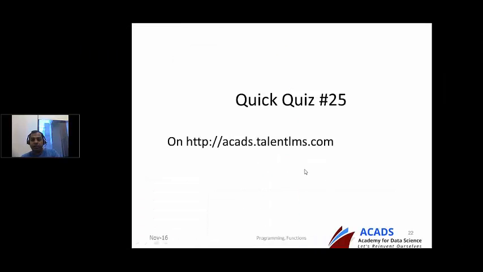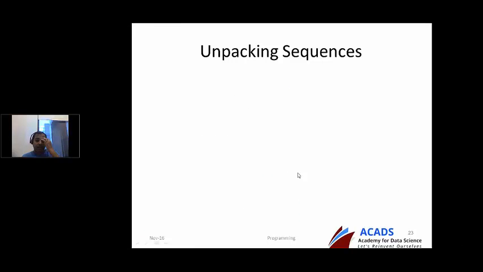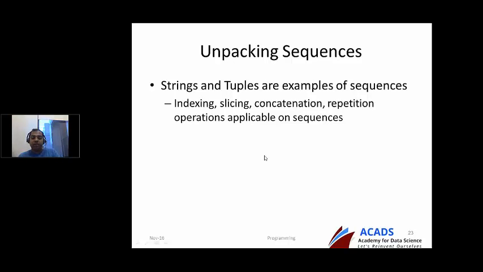And what we get next is unpacking of sequences. Python allows us to do several operations on sequences like indexing, slicing, concatenation, repetition, and a few more operations. One of the very important operations is unpacking. You really don't need to index all the elements of a string or tuple if you know its length.